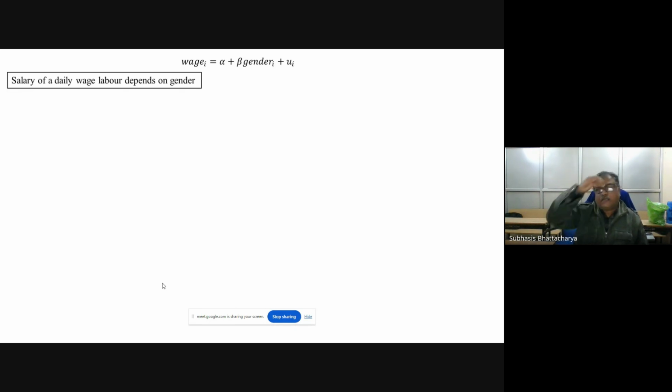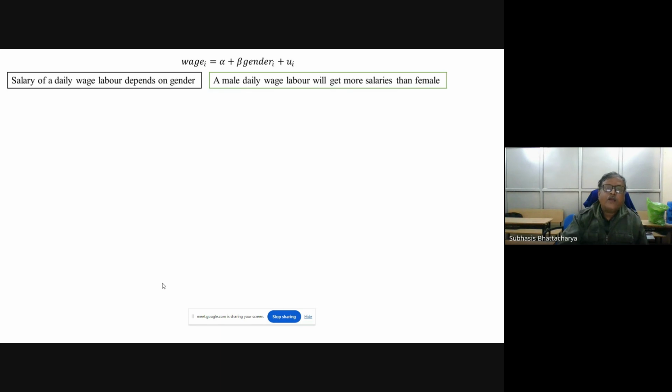So in this model, we consider that the salary of a daily wage laborer depends upon gender. What is our basic theory? That a male daily wage laborer will get a higher salary than a female, suppose.